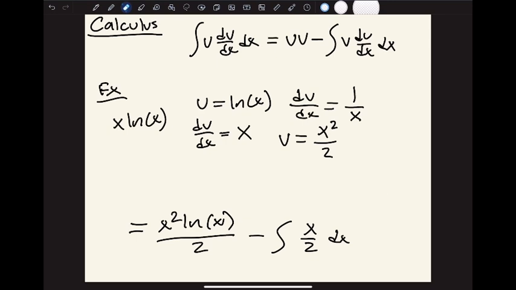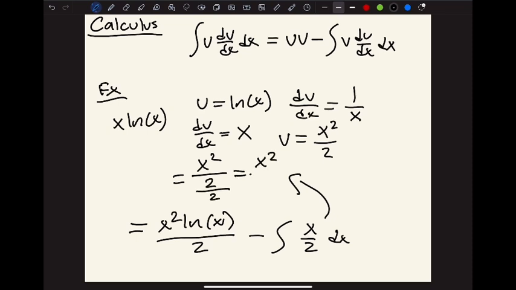Now we can do the integral, which is quite basic as well. So here, this equals x squared over 2, and then divided by 2 again, which equals x squared over 4.